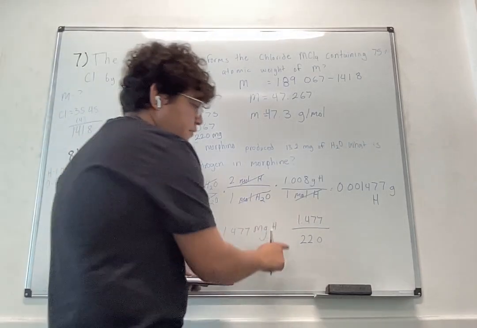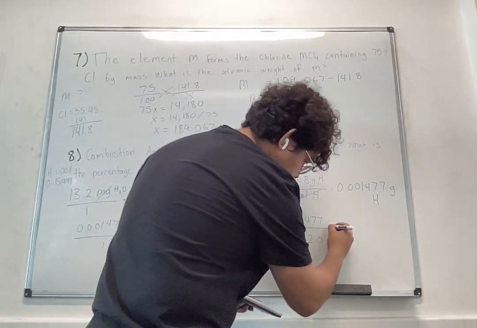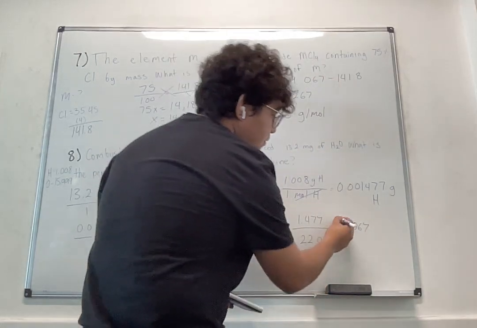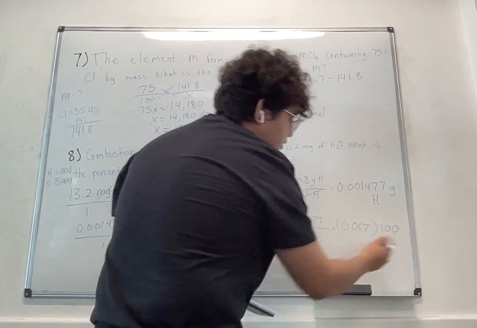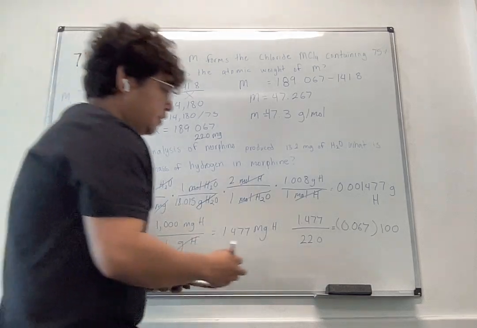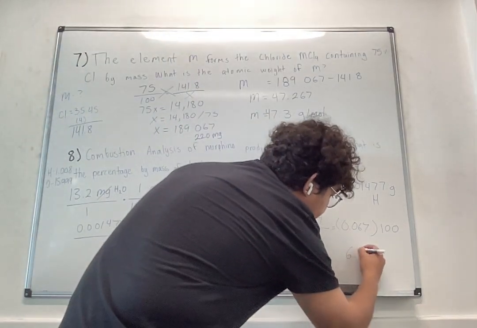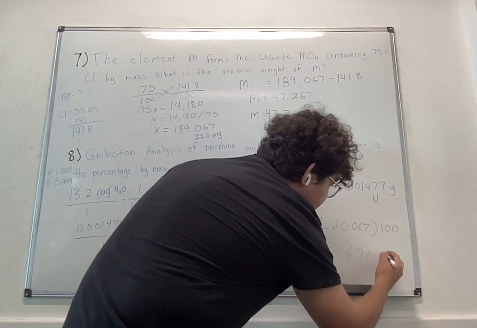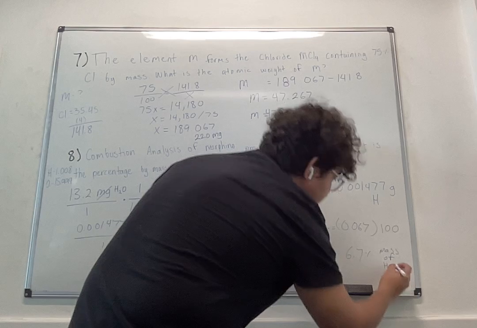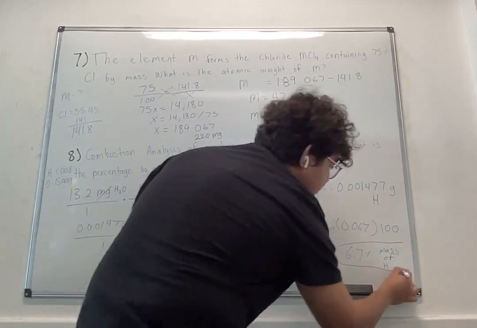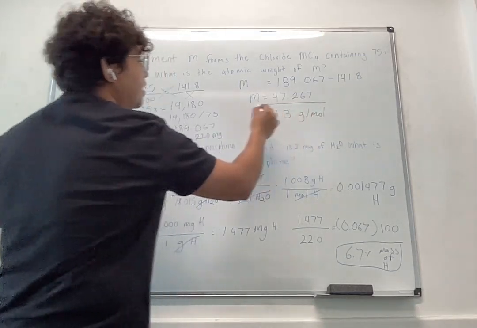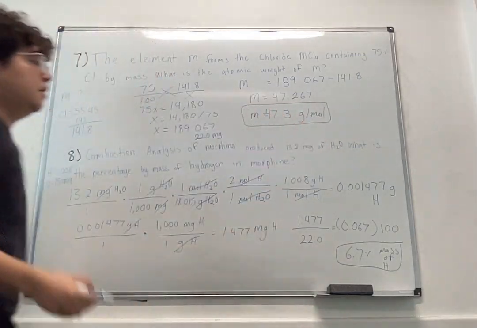So from this 1.477 over 22, you should get 0.067. But remember, we're multiplying this times 100, so you can find your percentage. And it will give you 6.71% or 6.7% mass of hydrogen. So 6.7 is your answer on number 8, and 47.3 is your answer on number 7.